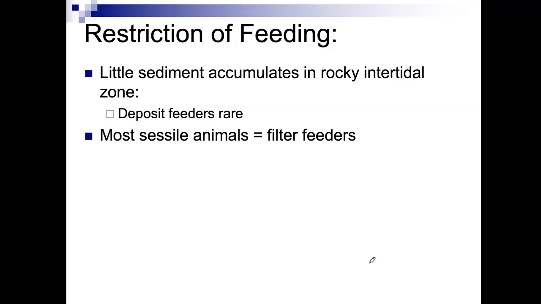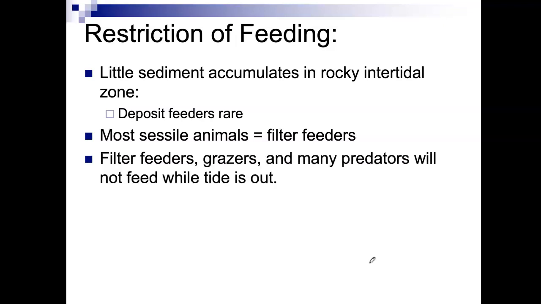Most of your sessile animals here are filter feeders, but you can only filter feed when the tide's in, right? And so you're limited, especially how high up you could be in the intertidal zone, by your feeding time, because when you're outside of the water, you can't filter feed.